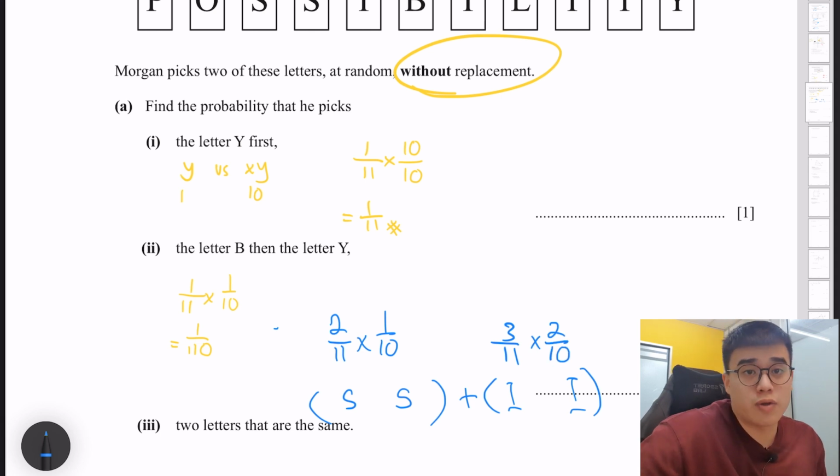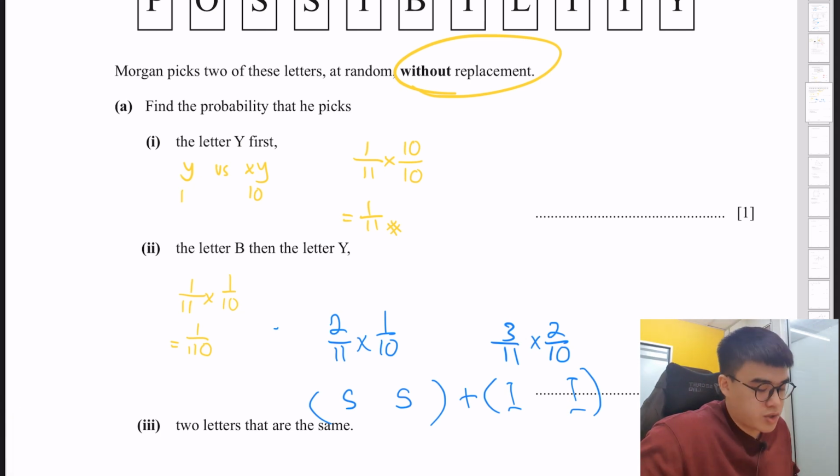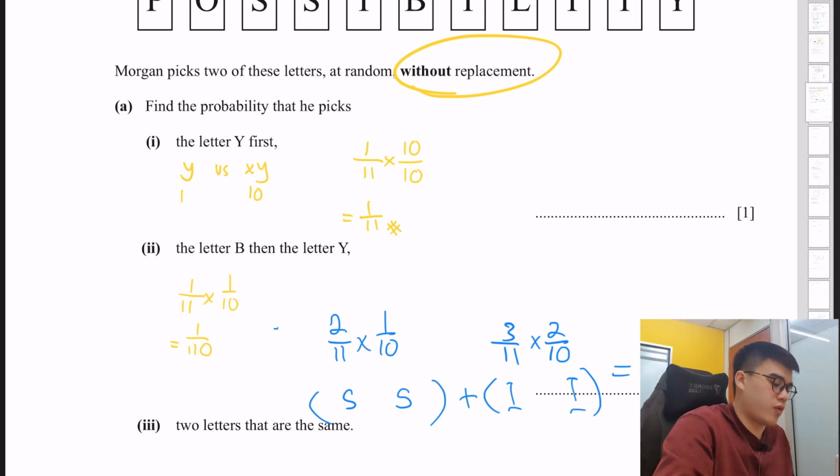Why is it 3, you might wonder? 3 is because there are 3 letter I's over there. So add these two scenario results and you will get your answer as 4 over 55.